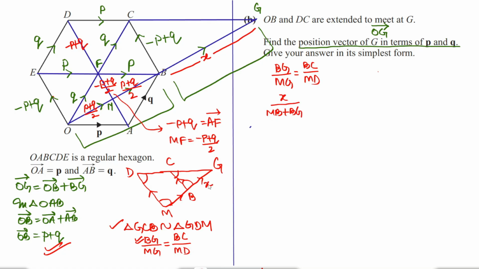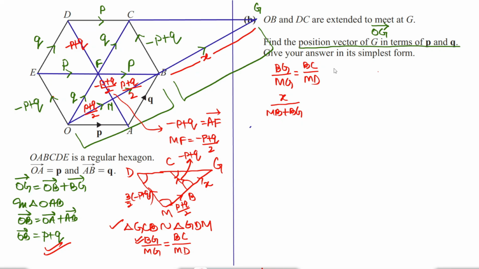So this is X, this is (p plus q) by 2, and this is minus p plus q. MD could be found as minus p plus q and minus (p plus q) by 2, and this comes out to be 3 by 2 times (minus p plus q). You can find it out.